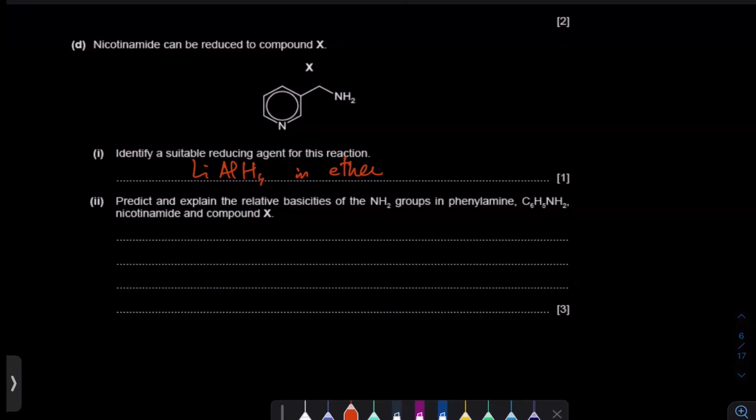Explain the basicity of the NH2 group in phenylamine, nicotinamide, and compound X. Compound X has a lone pair with the inductive effect. Even if there's no inductive effect, the lone pair here is very far from the ring, so it cannot be delocalized. In phenylamine, we do have the ring taking that in.